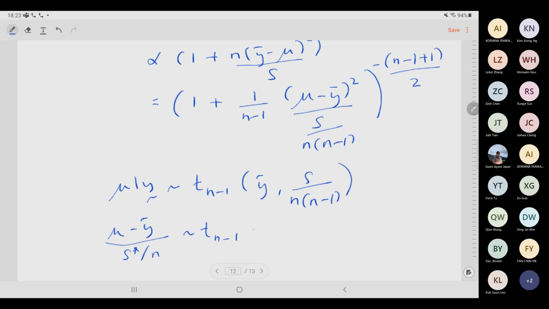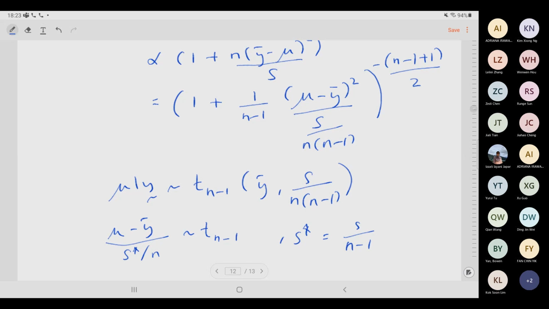But I think this might be the standard deviation, because if you divide by S star, then mu minus y bar divided by S star over root n, you have a t distribution with n minus 1 degrees of freedom. Here the S star is your S n minus 1. So it should be the standard deviation.